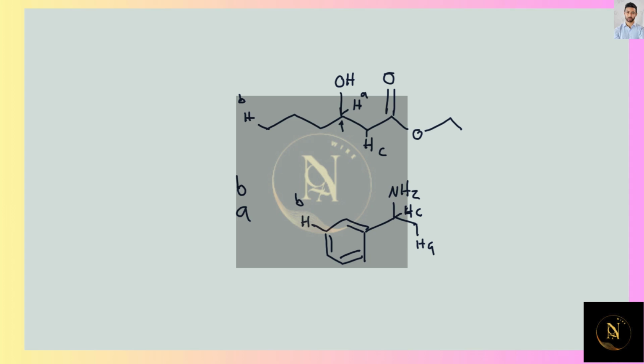Okay, so once again, we're asking which of these is going to be the least deshielded, right? Which is essentially going to be which of these protons is in the most normal environment, the most shielded, or the least close to electronegative things.